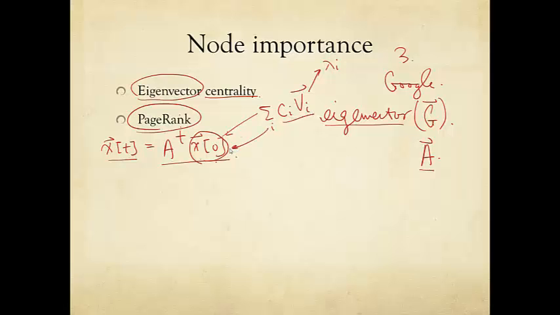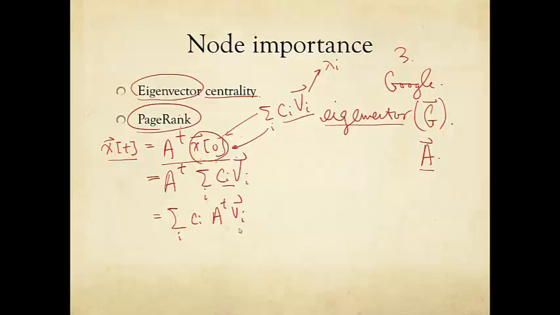Now substitute this expression back into this evolution. We see the following expression: A multiplied on the left t times the summation of ci vi vectors. Again, ci are the weights to provide the linear combination among the vi's to give you this vector. Because this is a linear operation, we can pull the matrix multiplication inside the summation.